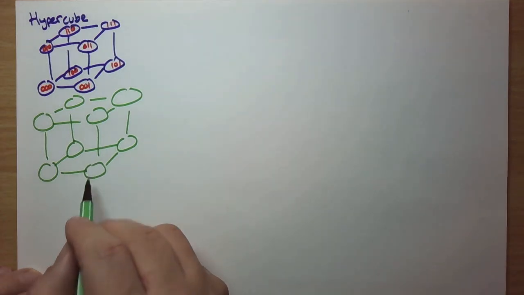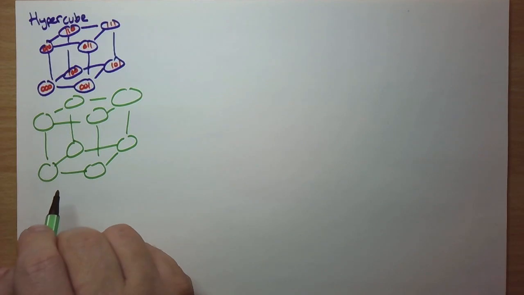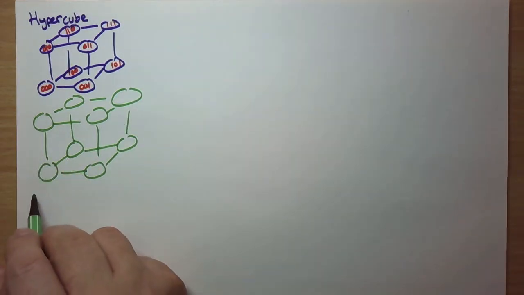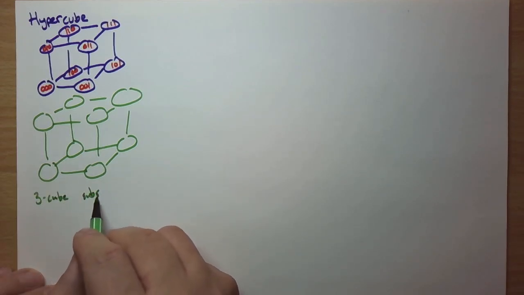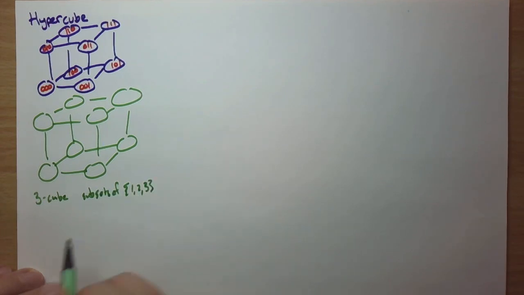now what you can do is make the vertices subsets. Specifically, for the 3-cube, I'm going to do subsets of {1, 2, 3}.